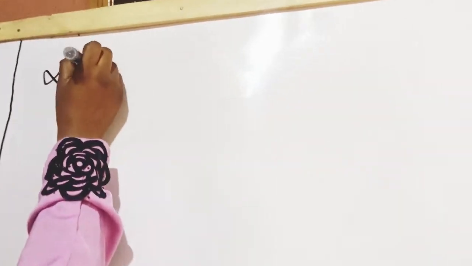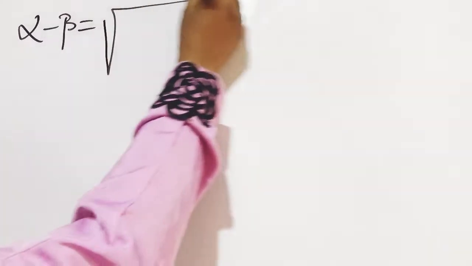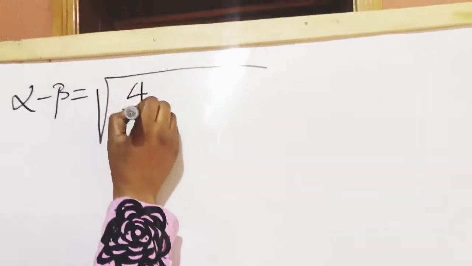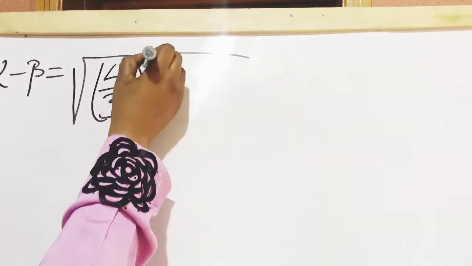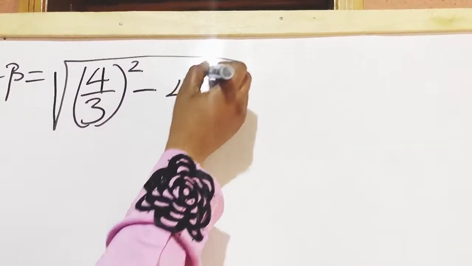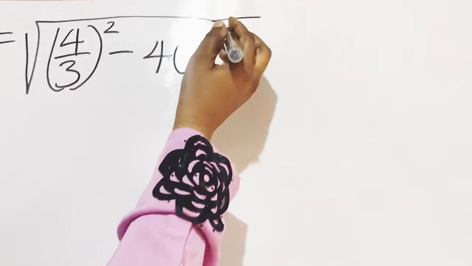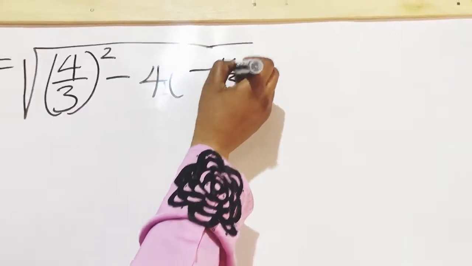So alpha minus beta is equal to square root of, we got 4 over 3 for sum of roots, so 4 over 3 squared, then minus 4. Our alpha beta product of roots is equal to minus 1 over 3.